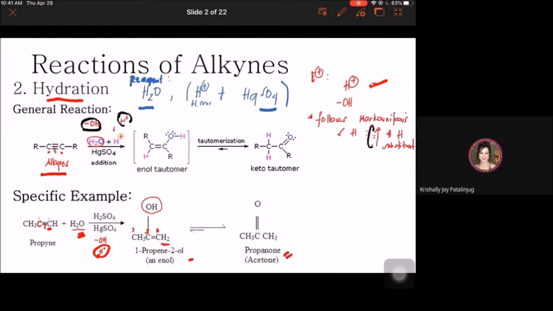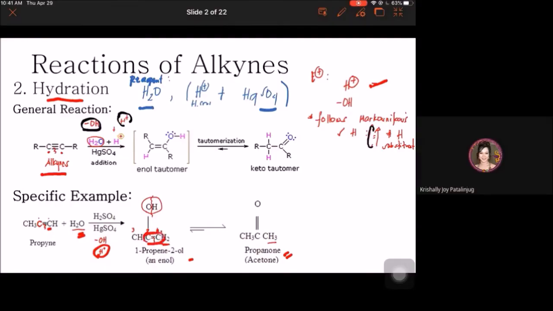There will be interconversion of the two forms: movement of this hydrogen due to deprotonation, going to this first carbon, making it CH3, and reorganization of the bonding electrons from the carbon to carbon double bond.